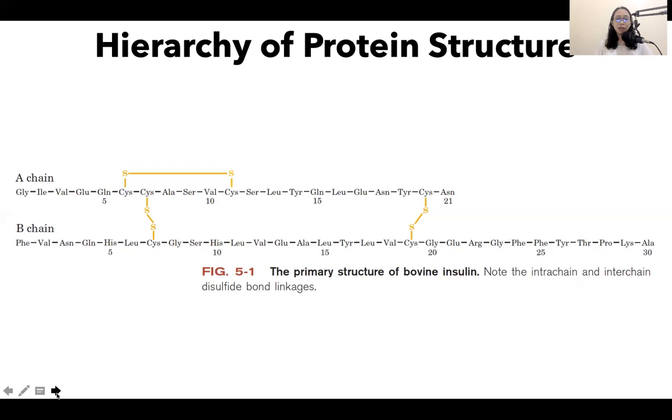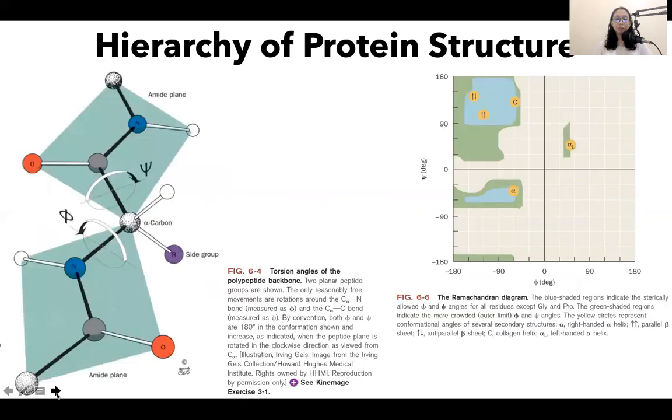Let's go to the secondary structure. In the secondary structure of proteins, we are now looking at the peptide backbone. So this is the part of the chain in your protein along which your peptide bonds run. So we are looking at the chain of peptide bonds.